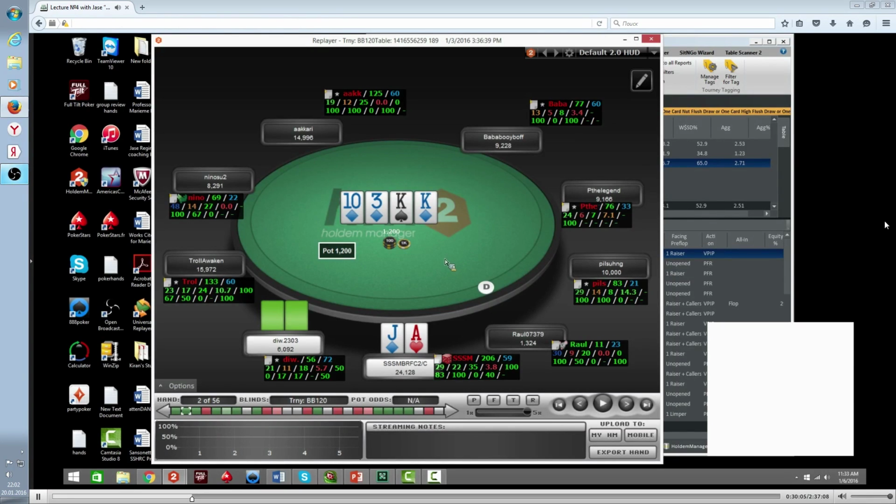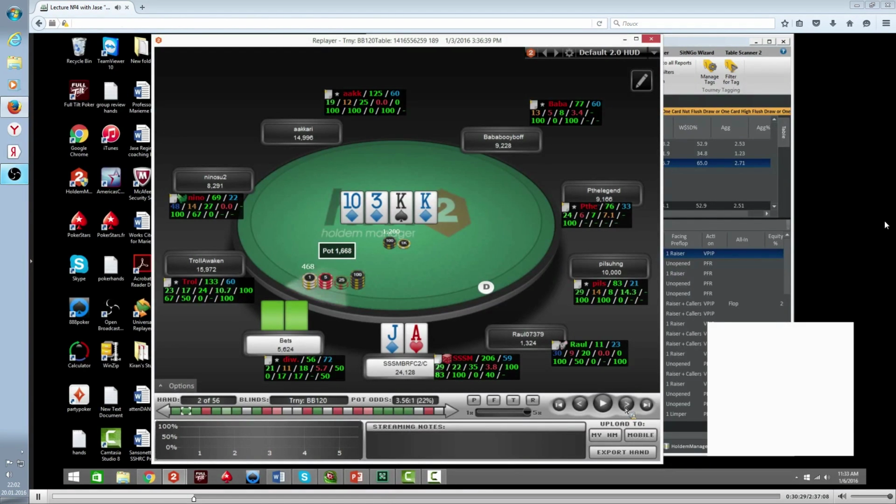I think I prefer a check and maybe just give up if it's a big bet, and if it's a small bet, then we can maybe see a river. There's a chance we do have the best hand at this point if he has like queen jack or, I don't know, queen nine, something like that.